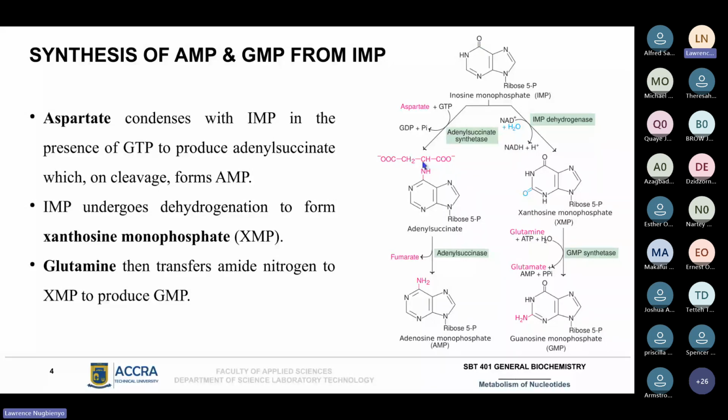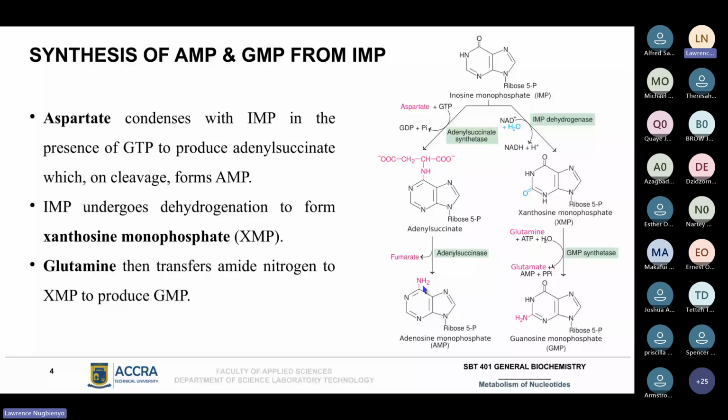And then again, you have the removal of the carbon chain, which is in that molecule of amino acid, which is fumarate. In the end, you have an amine group that is replacing that oxygen that is on the original molecule of inosine monophosphate. That oxygen there is then replaced with an amine group.